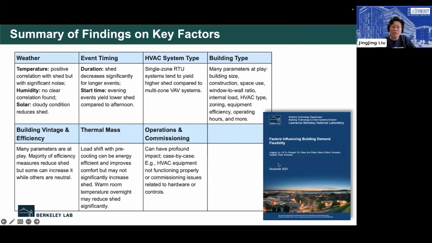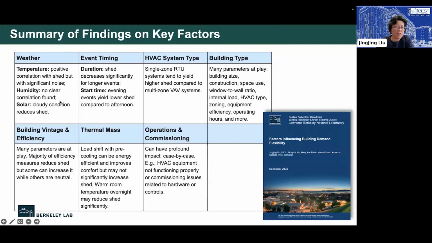So that was just one example of how a single influential factor may impact a building's performance in the field. And in this most recently published report, we have looked into the influence of many more categories of influential factors.